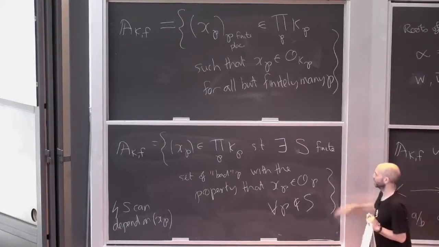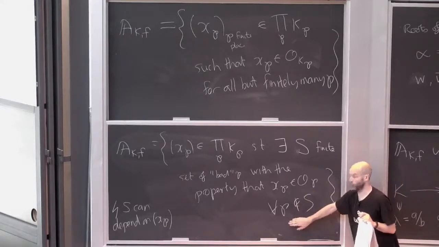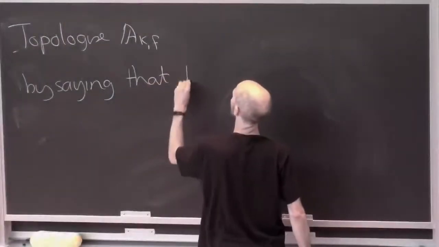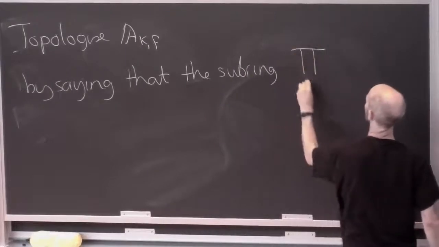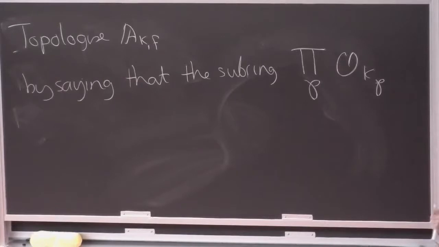If that set's empty, then x_P would be in O_P for all P. So AKF seems to have this canonical subring, the product of all primes P of O_P. That's a subring of AKF.